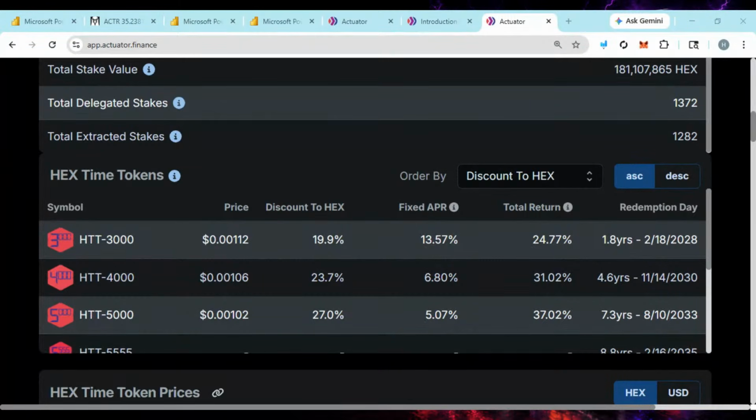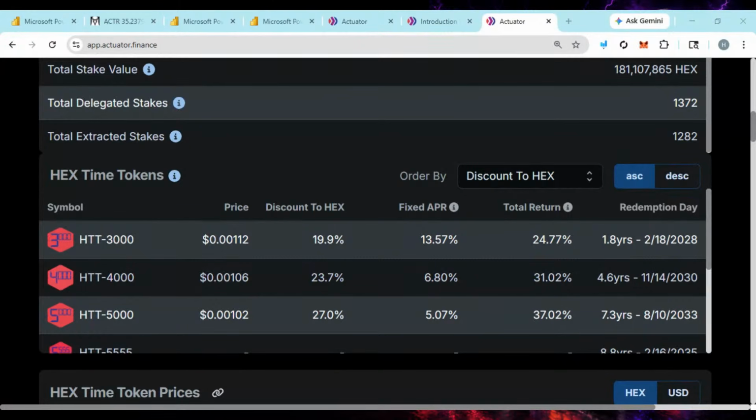And I've heard people talk about using it like a HELOC, which is a home equity line of credit. If they need something for expenses today, they might want to take their HSI, delegate it, mint the HTTs, and then do whatever it is they want to do with the HTTs.